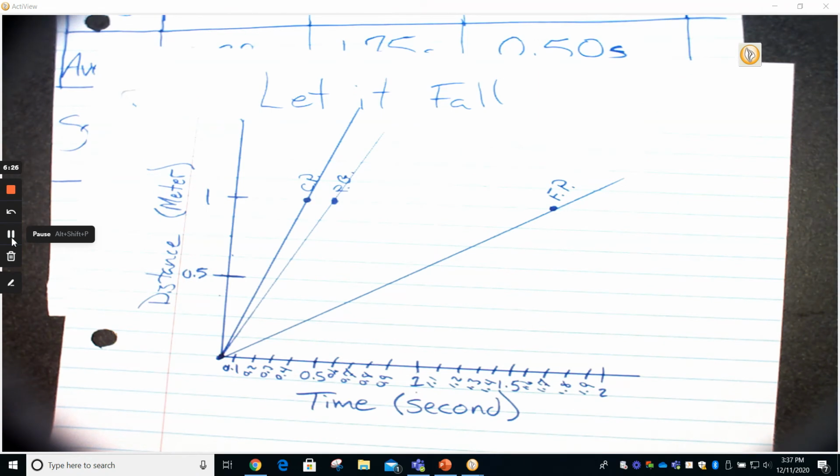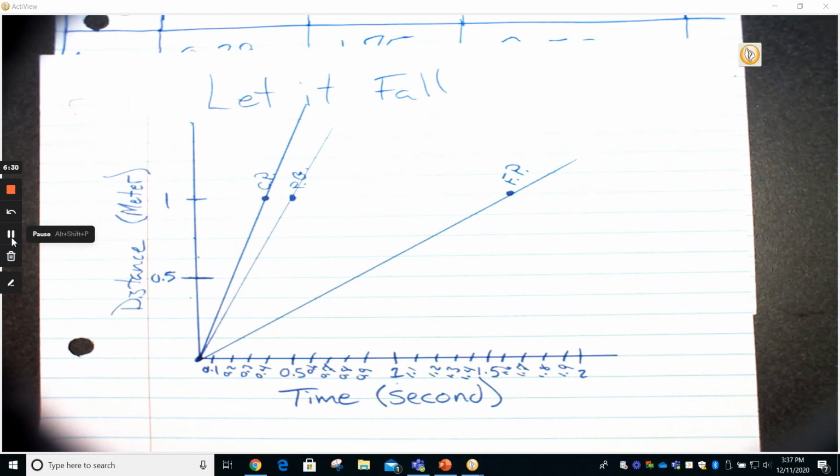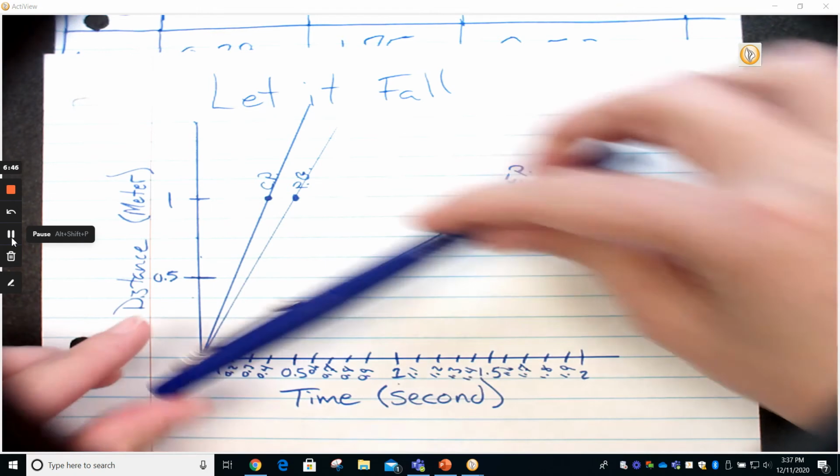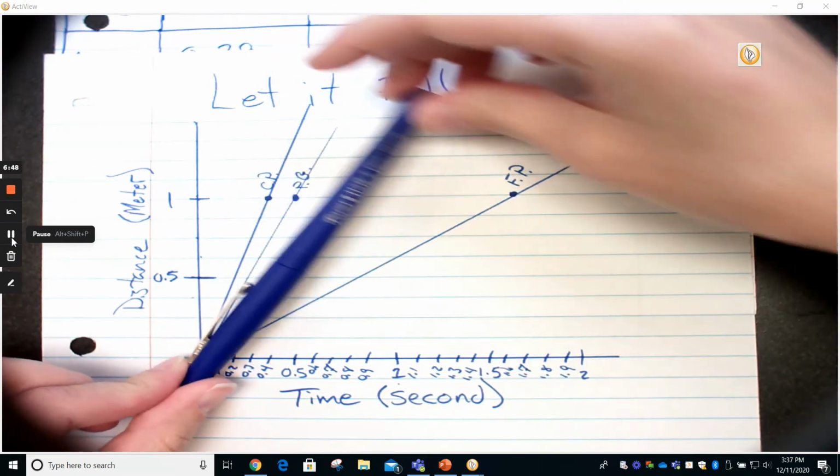Now, here we have a graph, just like we've been talking about all week this week. There's a bunch of information on this graph that we could get, right? Even without looking at the numbers, we can tell which of these fell faster than the other ones, right? We can tell that because of the steepness of the line.